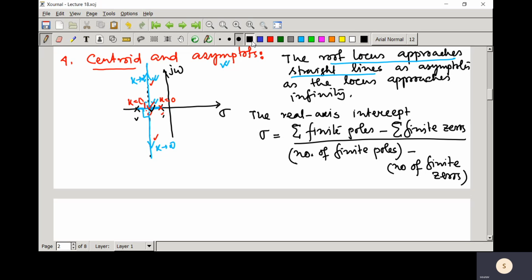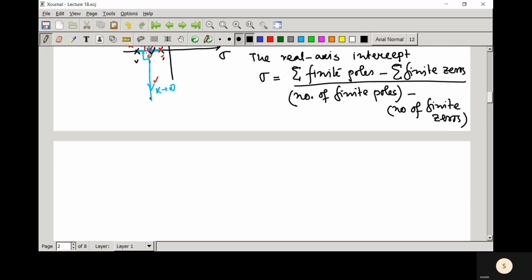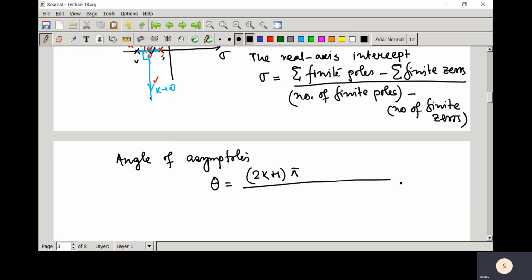So what would be the formula for getting the angle of the asymptotes? The angle of asymptotes theta is equal to (2k plus 1) times pi, divided by the number of finite poles minus the number of finite zeros.